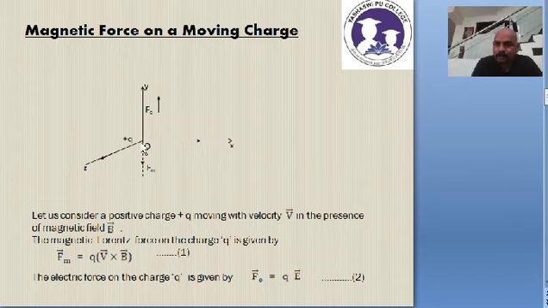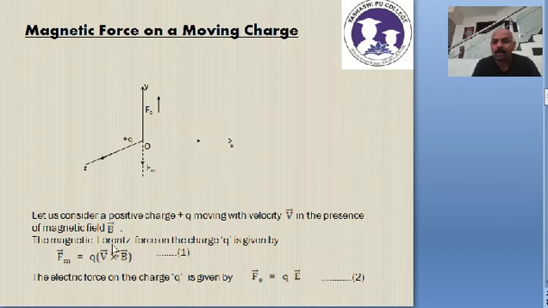First, magnetic force. A charge Q is moving with a velocity v along the positive x-axis, and you have applied the magnetic field along the z-axis, which is perpendicular to the x-axis and also the y-axis.